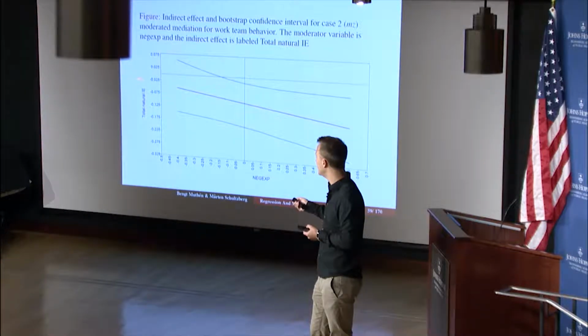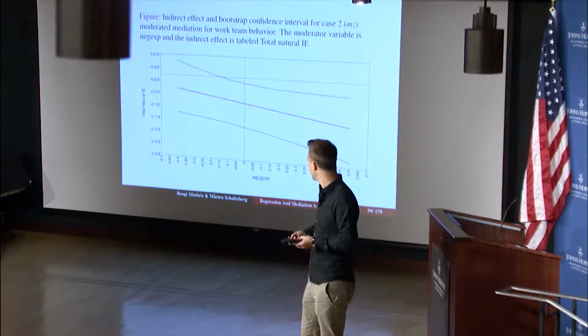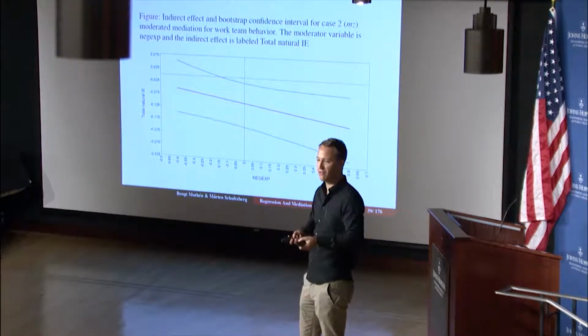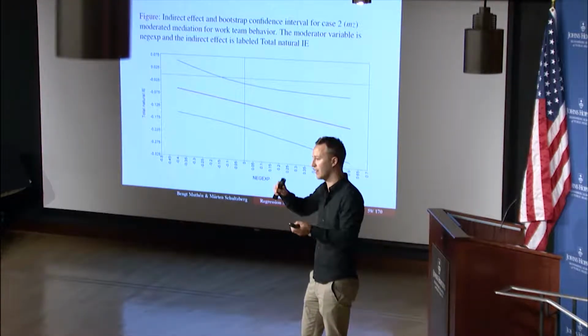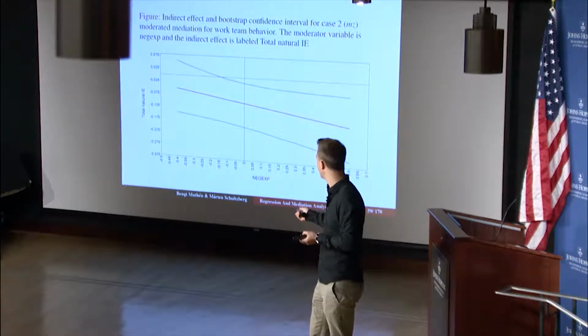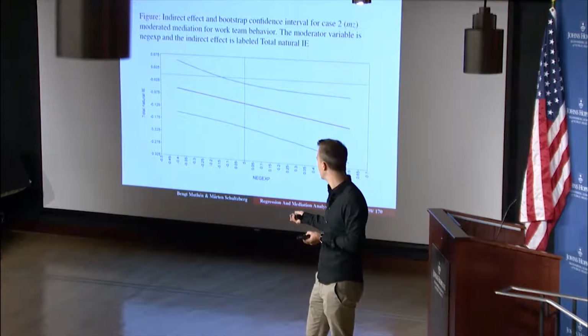And we have the indirect effect on the y-axis. So we can see how the indirect effect of the dysfunctional behavior mediated through negative effects about work, the indirect effect on the work efficiency, varies as a function of the moderator, nonverbal ability to express negative emotions.